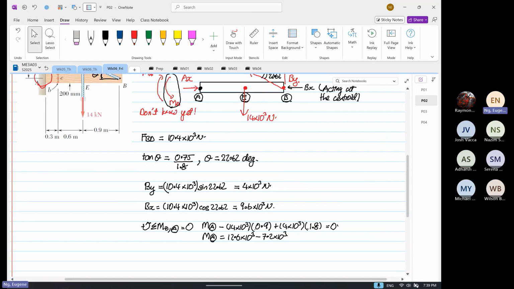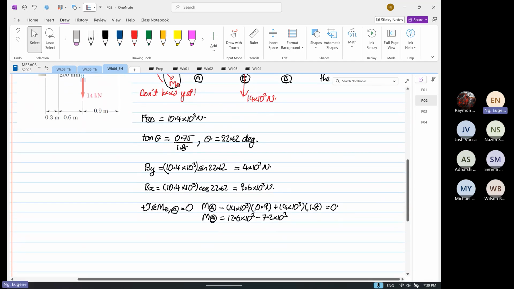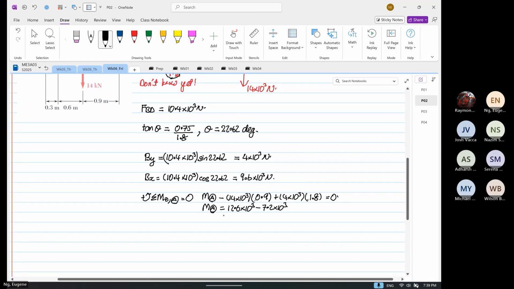Okay, so this will have an outcome of 12.6 minus 7.2, which is equal to 5.4 times 10 to the power 3 Newton. Okay, that is the moment at A.